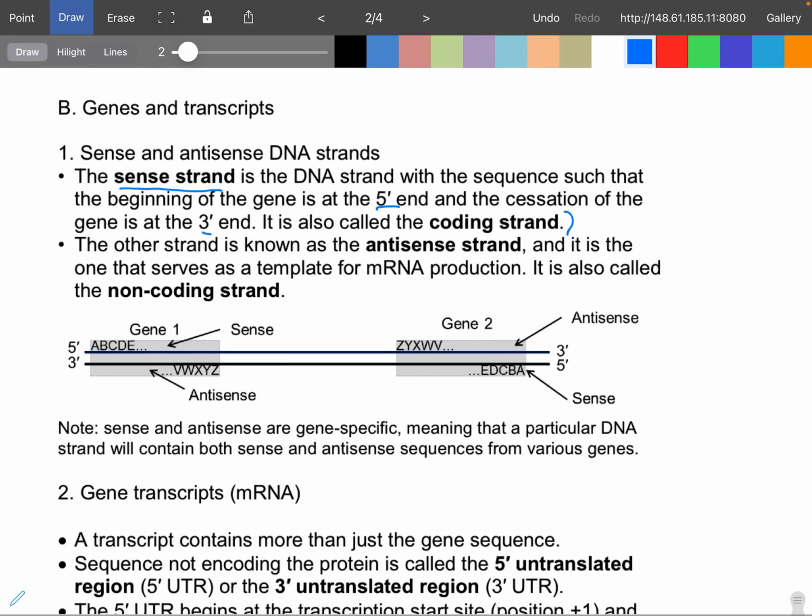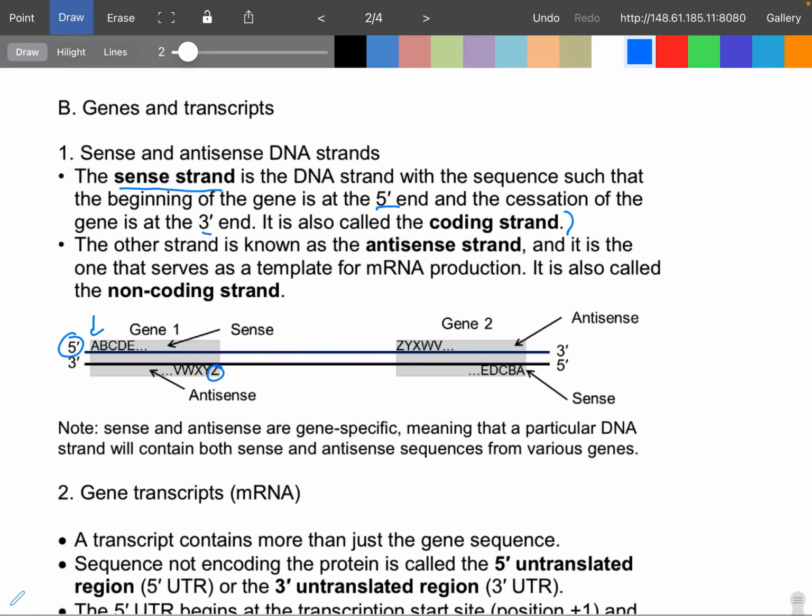So for example, if we're saying that the gene starts with the amino acid A and goes B, C, D, so we're just doing these in alphabetical order to indicate that A is the beginning of the gene, then the A is at the 5' end of the sense strand. And the 5' end of the antisense strand would be the end of the gene right here.